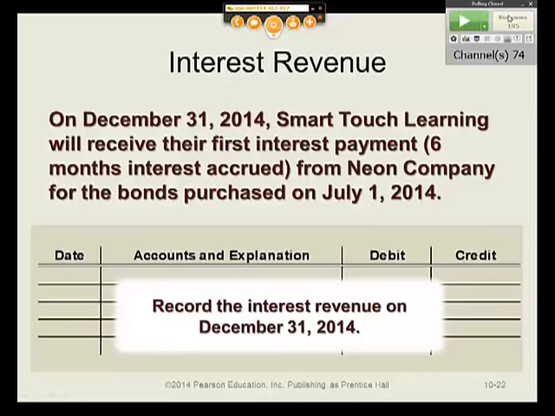Now the interest on the bonds, and this is also on the PowerPoint, for a year would be 9%, that would be $9,000. But since it's only half a year, the interest that accrues for this 6-month period is $4,500.